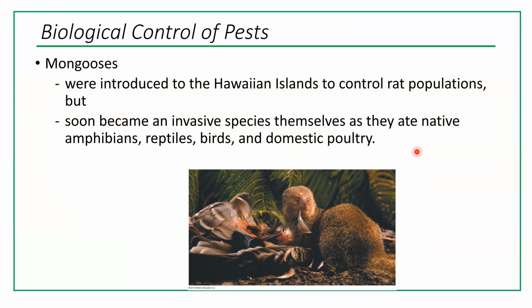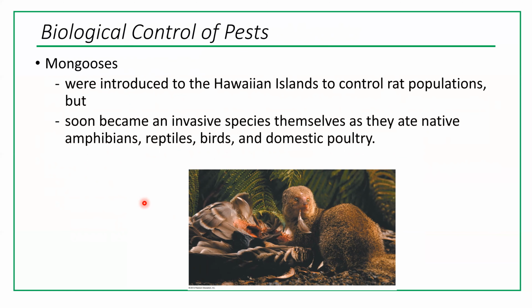And they not only feed on rats, they eat anything that is available. So they started hunting and eating amphibians, reptiles, birds, domestic poultry. So that's the example where biological control didn't work very well.